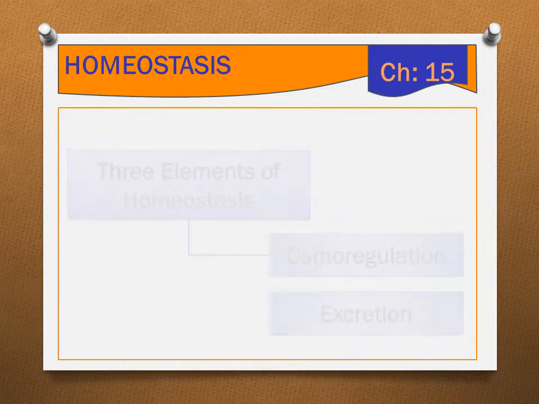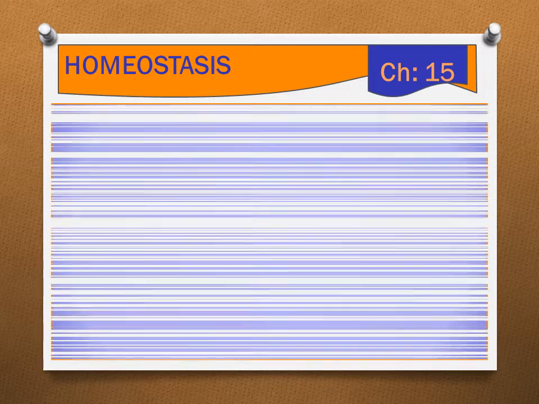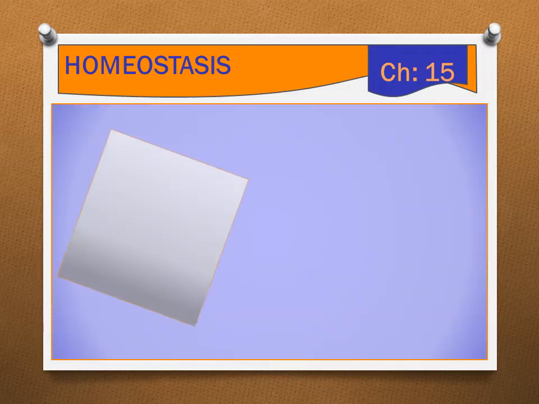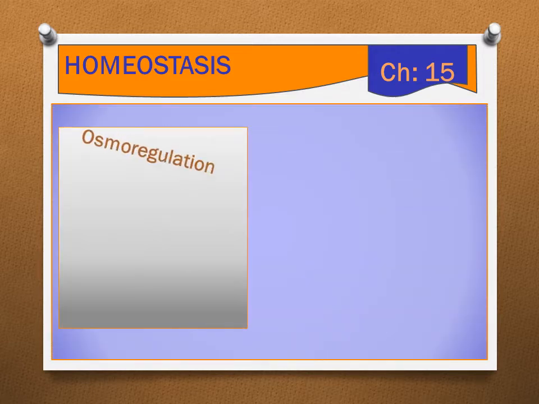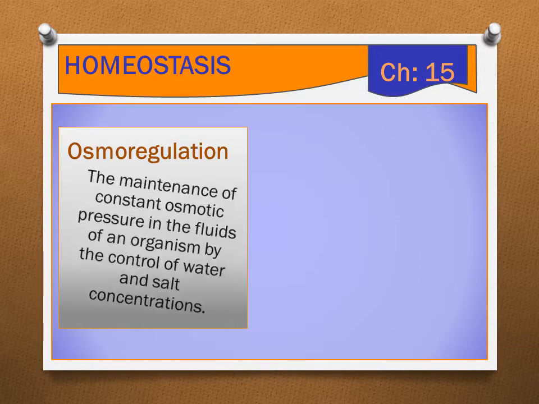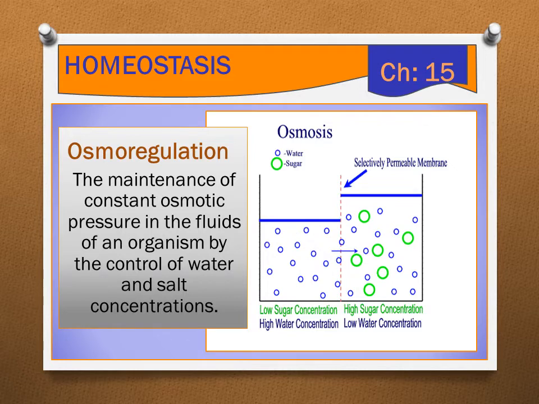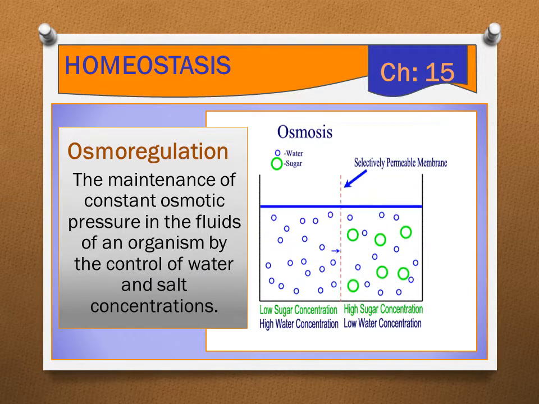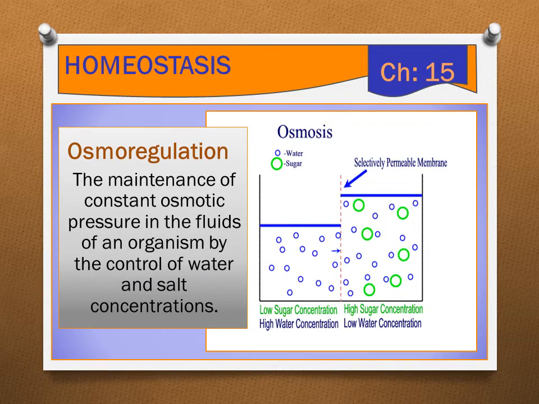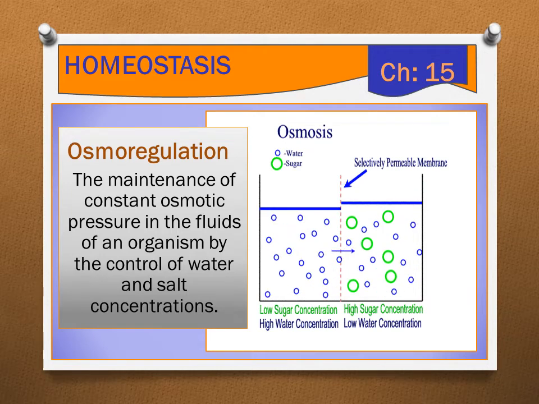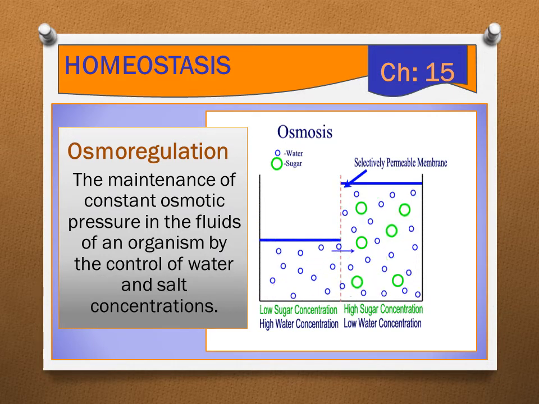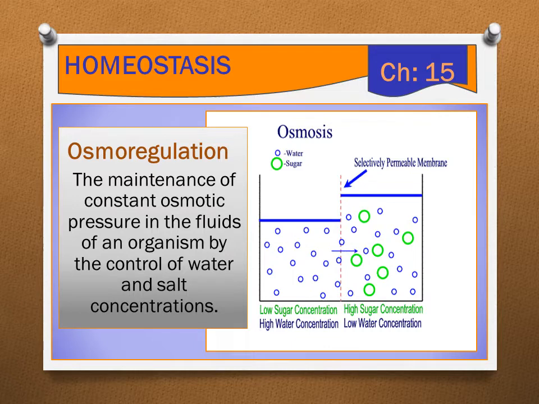There are three elements of homeostasis. The osmoregulation is the first element of homeostasis. The maintenance of constant osmotic pressure in the fluids of an organism by the control of water and salt concentrations. This diagram shows the process of osmosis.